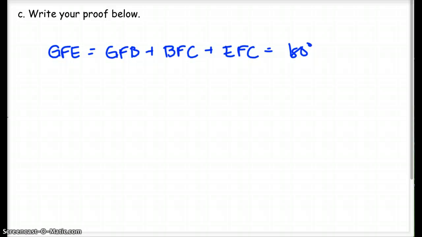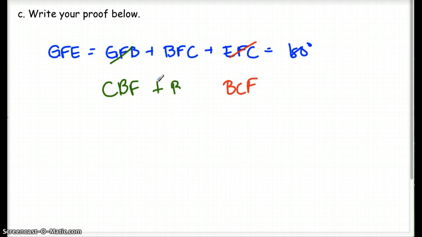Now, the corresponding angles, I know, okay, right here I'm going to replace EFC with BCF, and I'm going to replace GFB with CBF, and then BFC is still part of it. So there, that proves those are the three interior angles that make up that triangle.